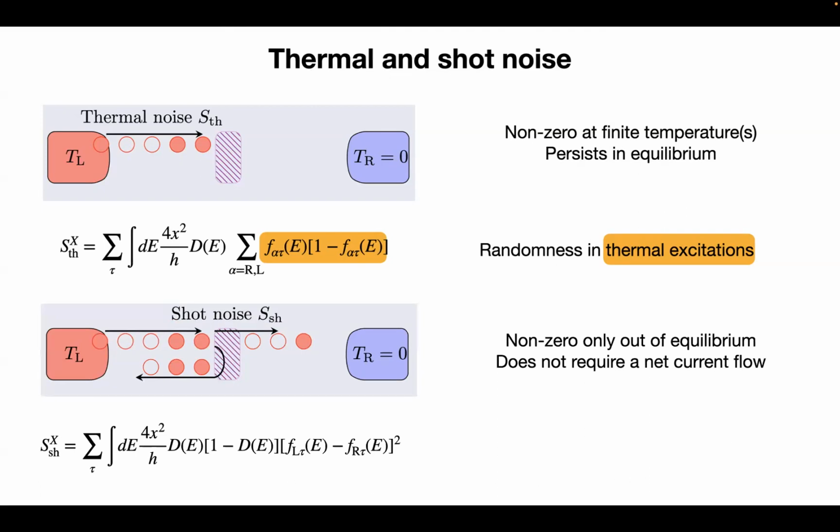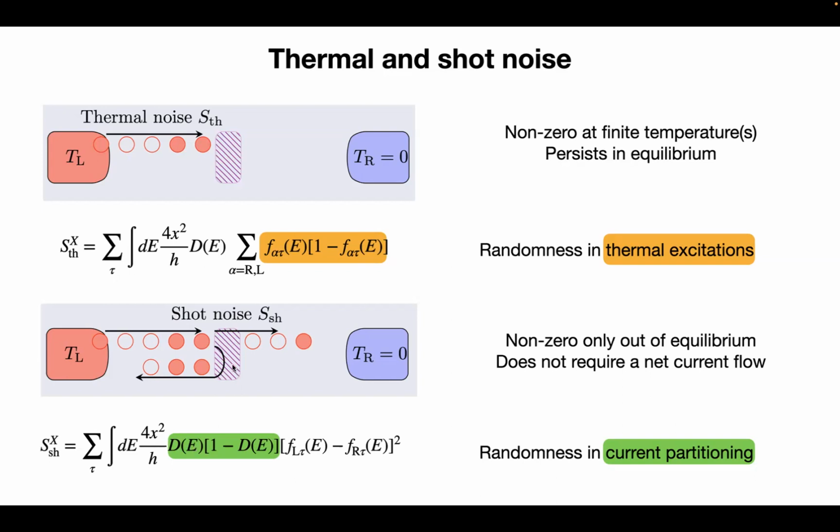On the other hand, you have shot noise, which is usually interpreted as caused by the randomness in current partitioning. Here you apply non-equilibrium, you have a stream of particles incoming to the barrier in between, and at the barrier, particles can be randomly transmitted or reflected, and this generates noise. So here you see that, instead of this factor, you have this characteristic factor, which is also interpreted as the partitioning factor.